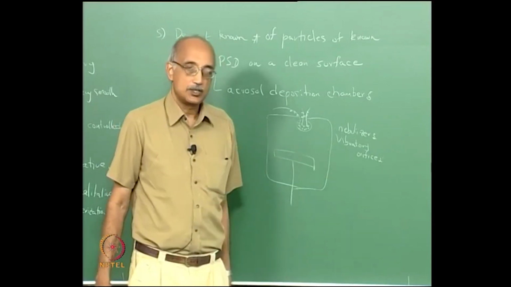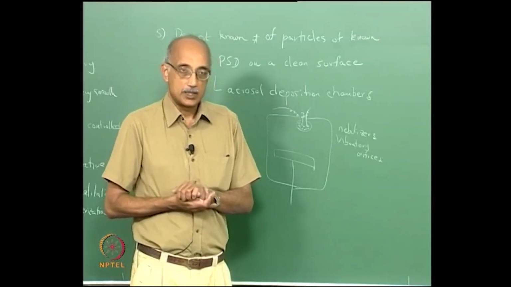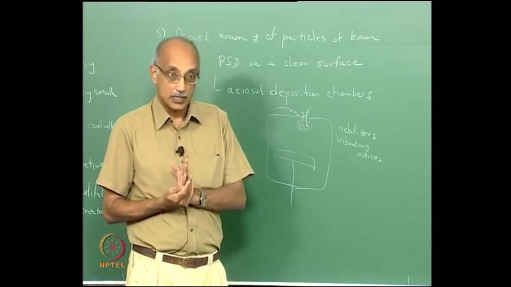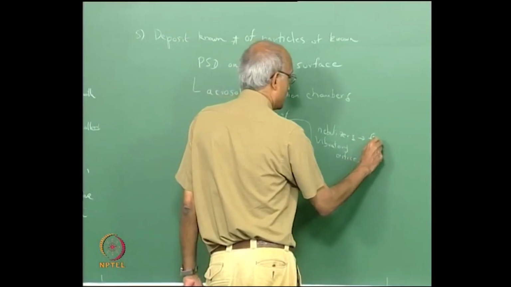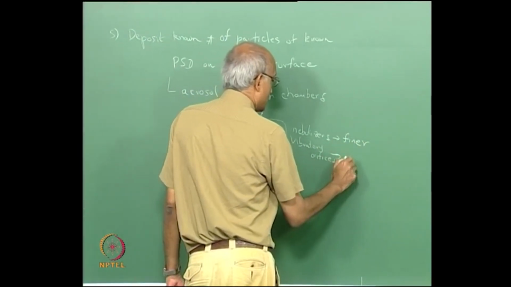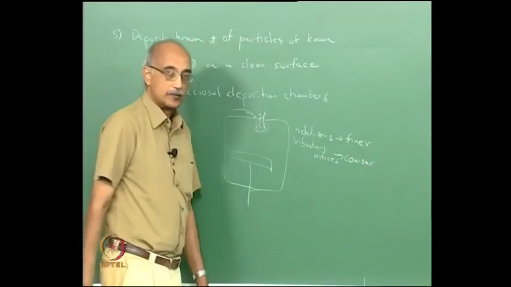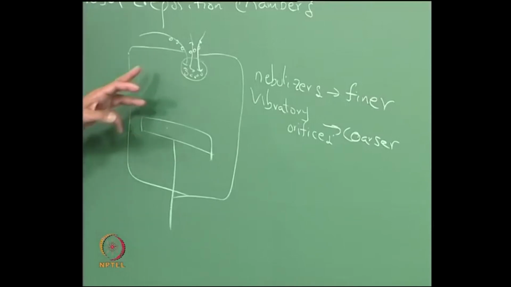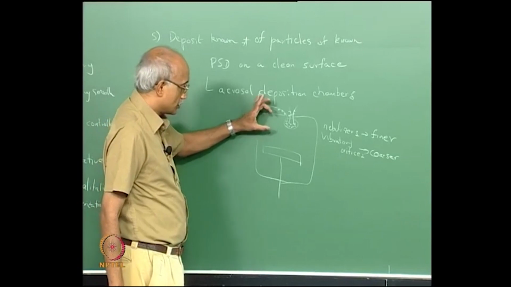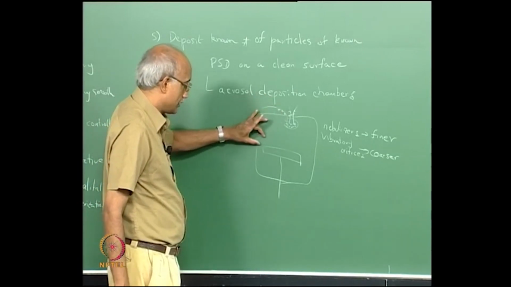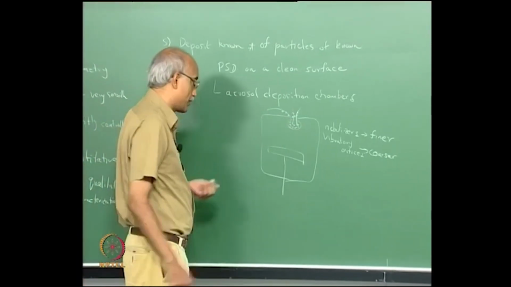And similarly, in a vibratory orifice, by changing the vibration frequency, you can generate droplets of the size that you are looking for. Typically, the nebulizers are used to get finer particles compared to vibratory techniques, which are used to get coarser materials. Now, in these chambers, what they do is they pay a lot of attention to how these particles are then transported to the wafer on which you are trying to deposit them.